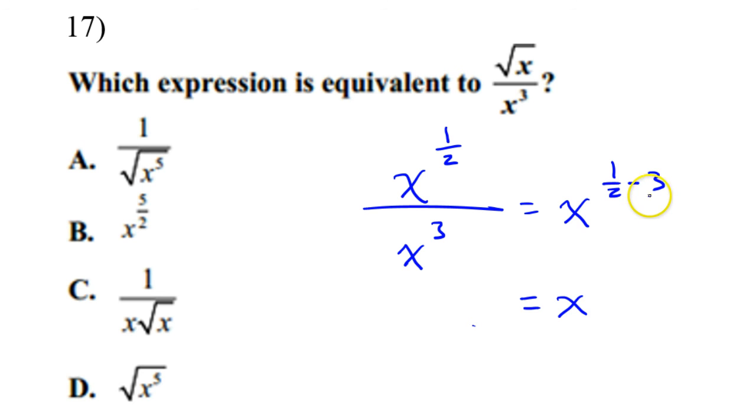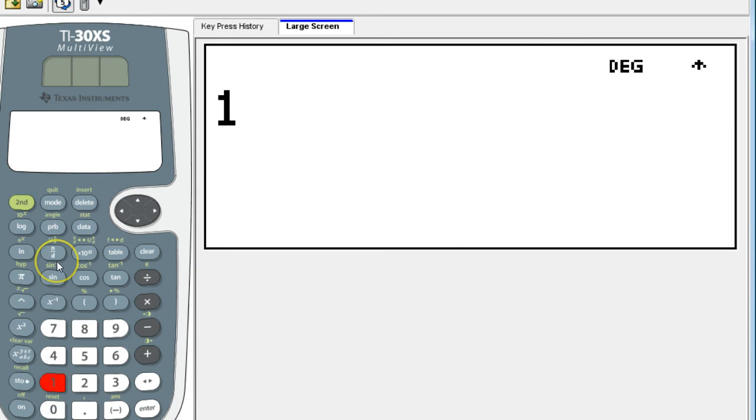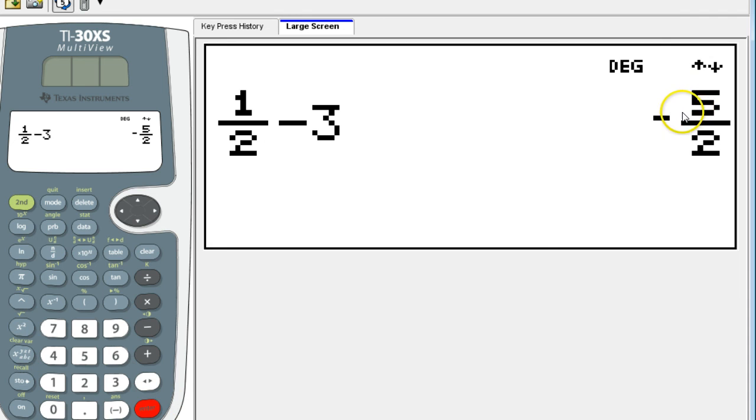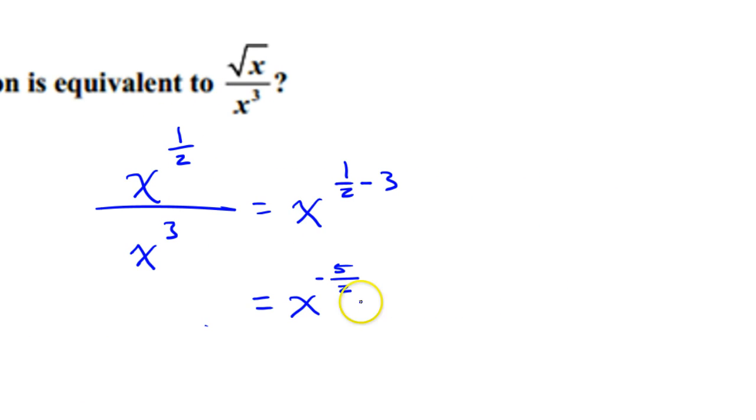I can do this by hand, or I can use my calculator and do 1/2 minus 3. That comes out to be negative 5 over 2. Now we have learned that when we have a negative exponent, it's the same thing as 1 over x to the, and then you write the power as positive.